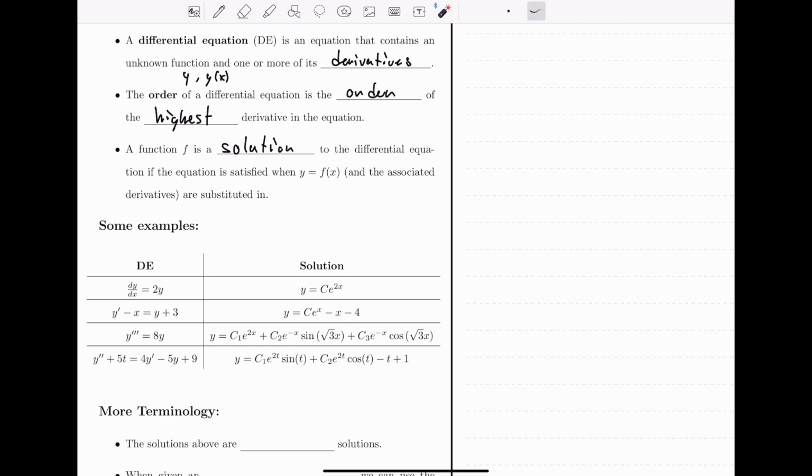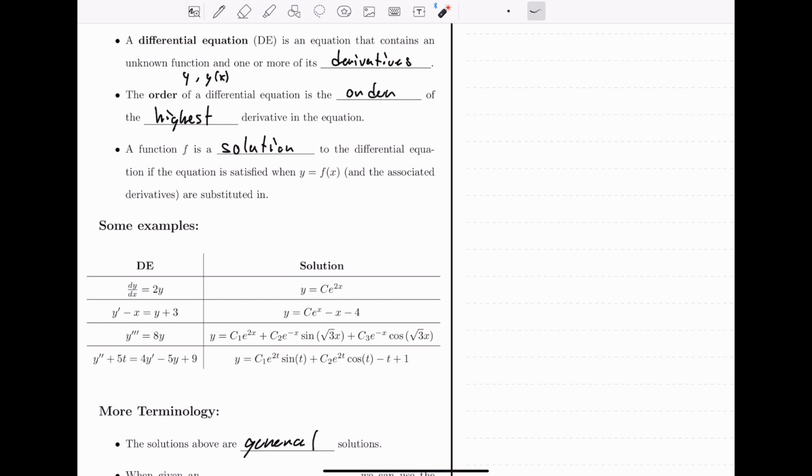These solutions in the table here are called general solutions. Notice that each of them has some constant c. In fact, some of them, this third one here, has 3 constants, c1, c2, c3. So the presence of these constants tells us that these are general solutions. And if this plus c reminds you of the plus c from integration, that's good because essentially, that's where these constants are coming from.